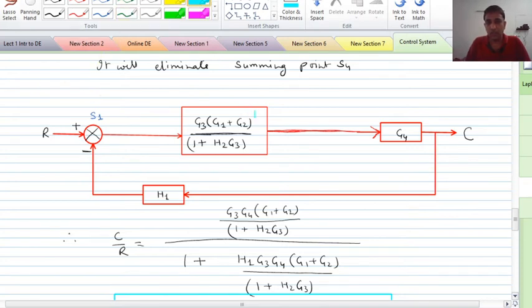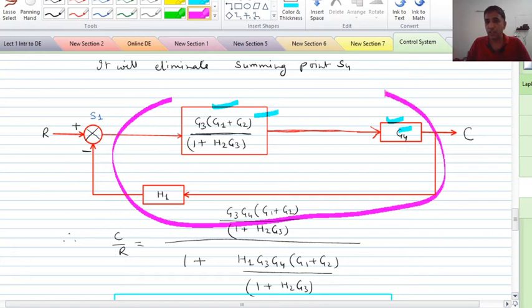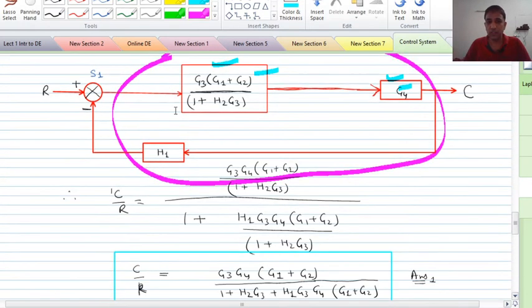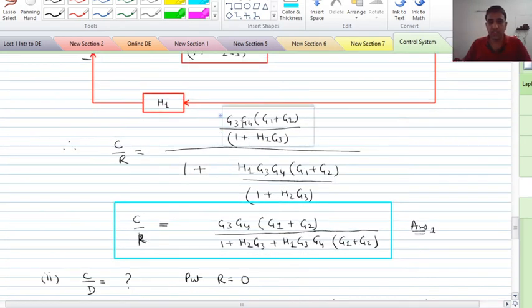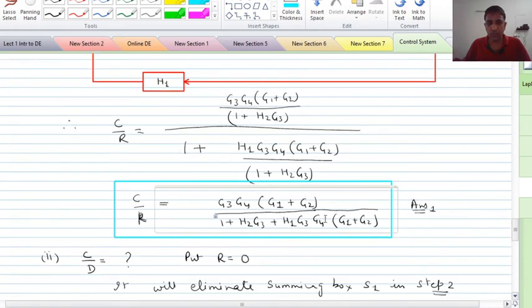When these two blocks come in series, they can easily be combined by simply multiplying their transfer functions, G3 and G4, and the complete structure is now a feedback structure. So we can easily solve this: G3 multiplied by G4 multiplied by G1 plus G2, divided by 1 plus this, and solving this we get the result as answer 1.